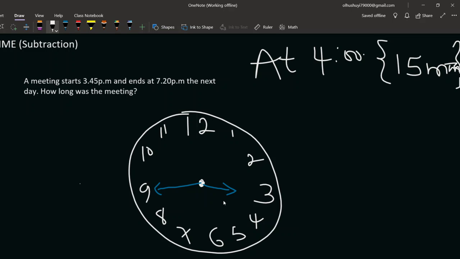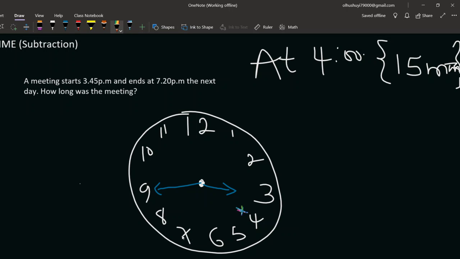So from here I can start counting. Just let me use a different marker so that you see what I'm doing. I've taken 3:45 to 4 to be 15 minutes. Then from 4 you start counting. 4 p.m. to 5 p.m., 1 hour, 2 hours, 3 hours.